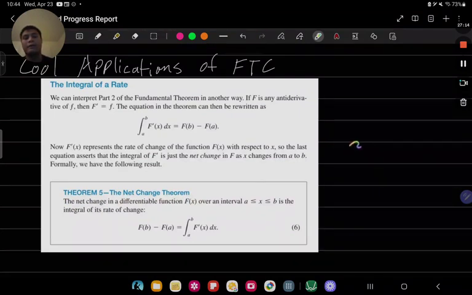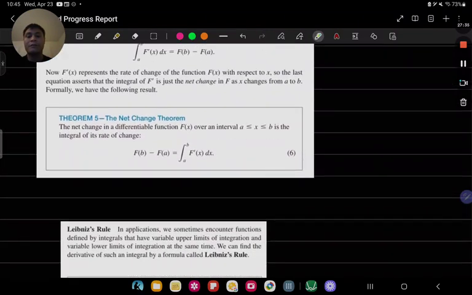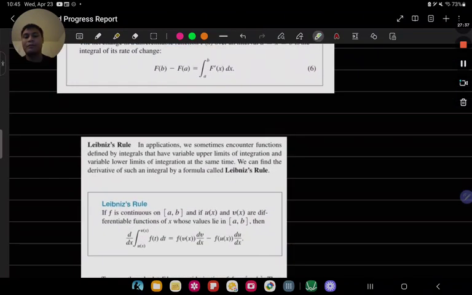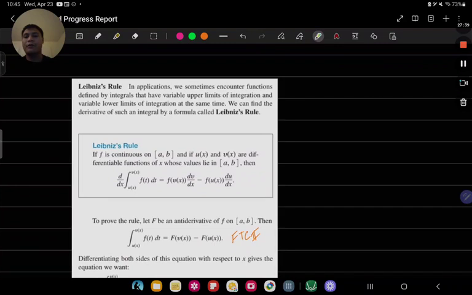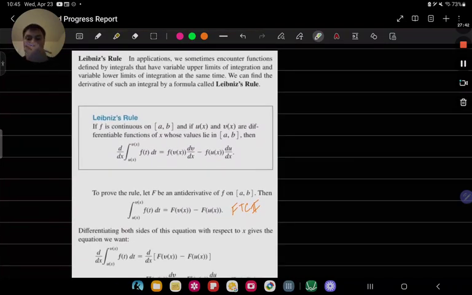If I took the integral of it, I get back our positional function. And same with acceleration. If I integrated acceleration, that's our velocity. If I differentiated velocity, that's acceleration.